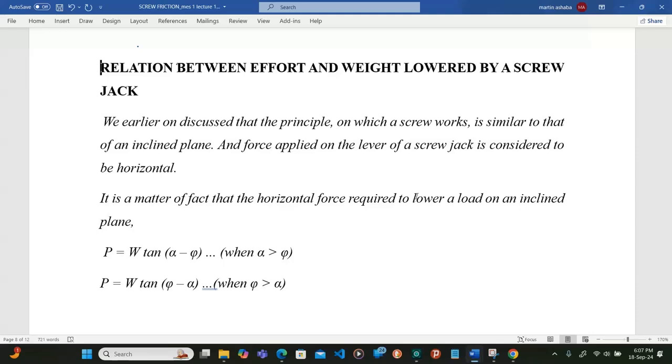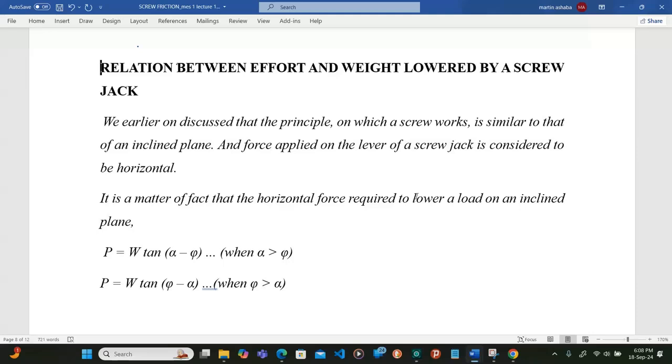So when we are lowering the body down using the screw jack, we are also going to analyze this system by applying the other principle, that the force now required to lower this screw down is going to be obtained by looking for the force that is analogous to the one applied on a body on an inclined plane when the force is horizontal and at the point of the body sliding down the inclined plane.